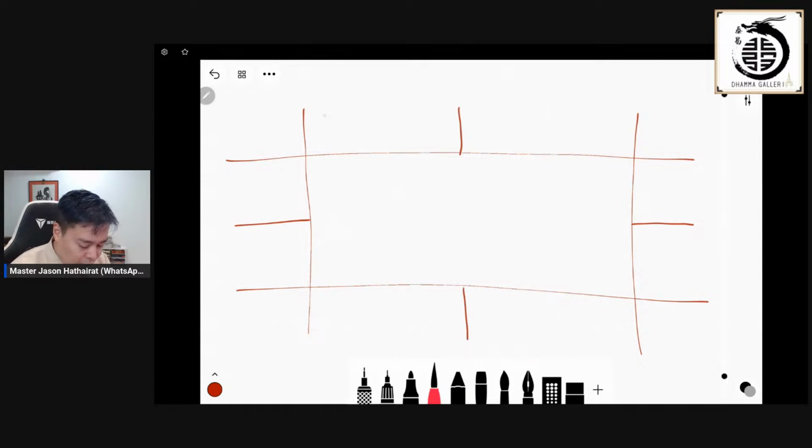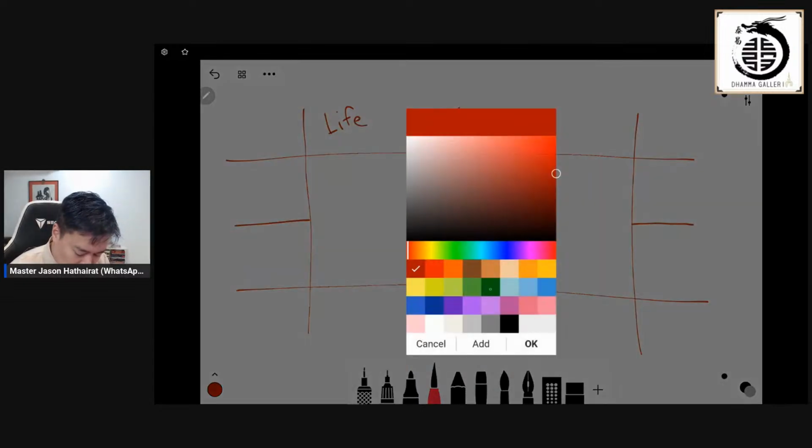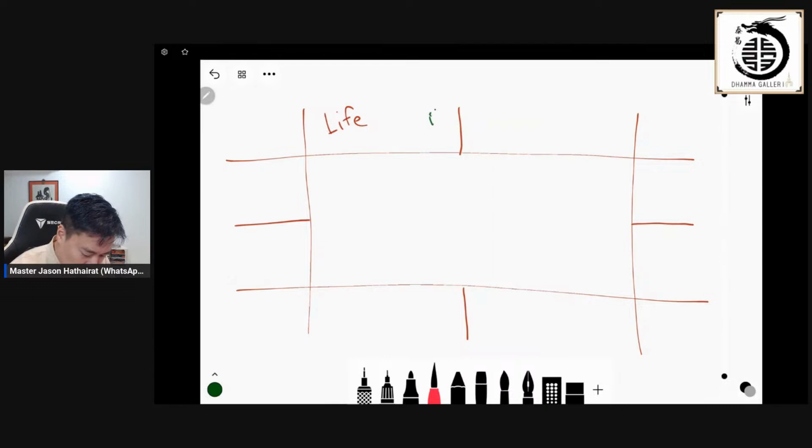Let's say your life domain is here. And then this is of 甲午 heavenly stem. Let's say this is 甲午. You can understand, right? Wu is the earthly branch. So where will be the flying star?